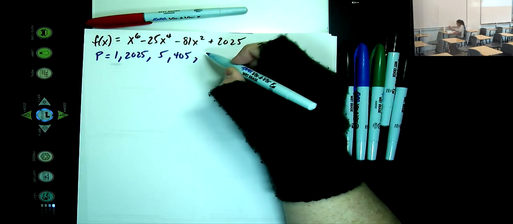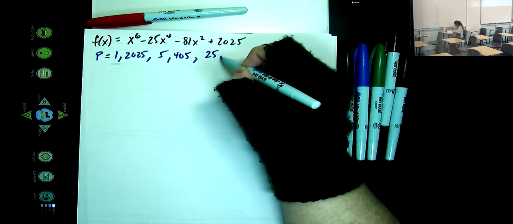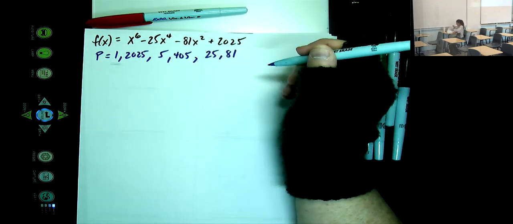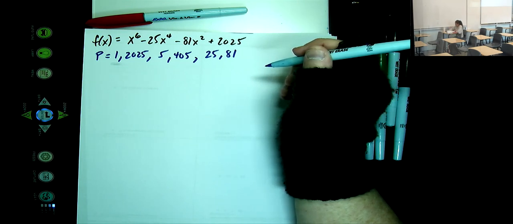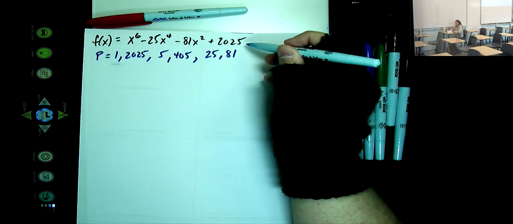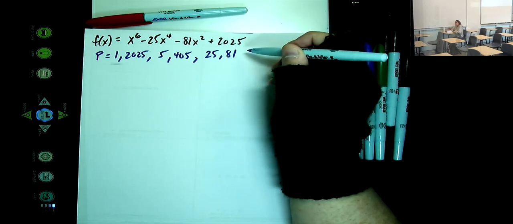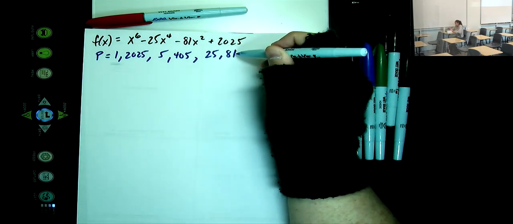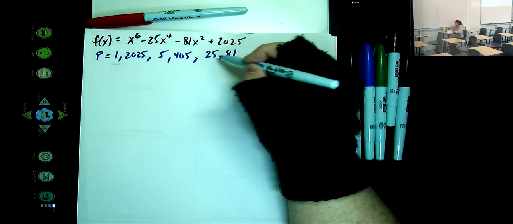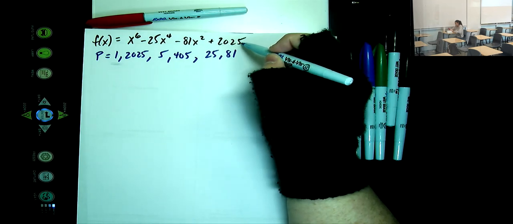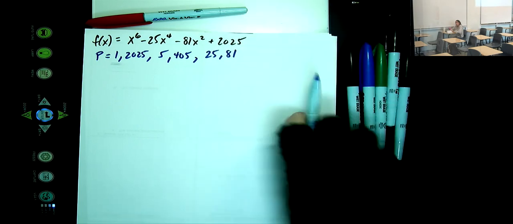So if we did 25 and 81, we get it. 81's got factors of... I still can't. I have 81 left. This can't be divided by anything more than, I don't know, maybe 125.